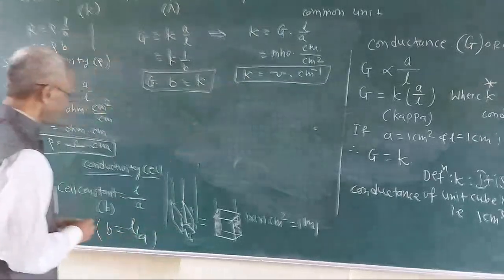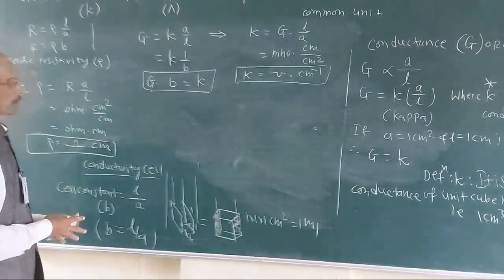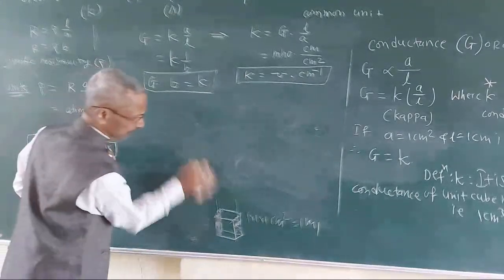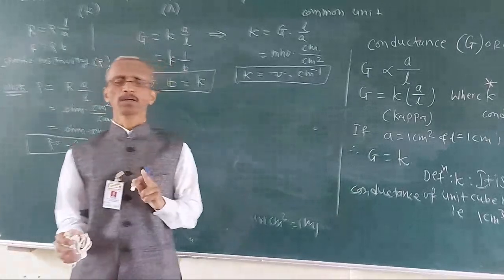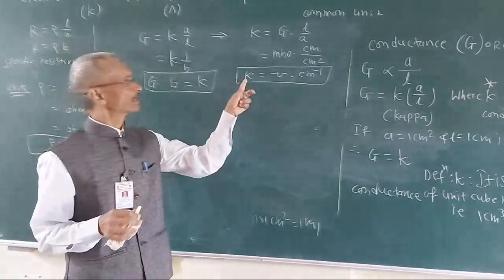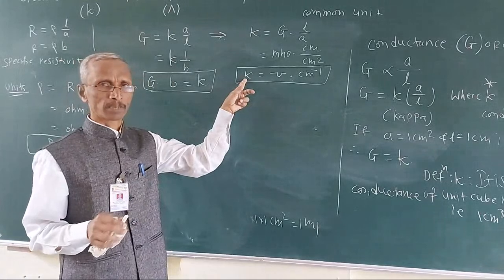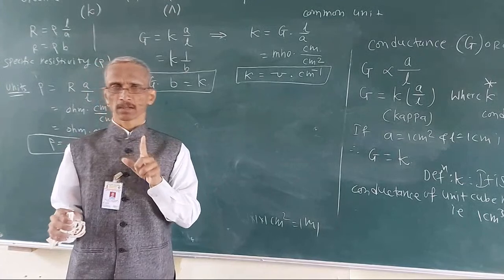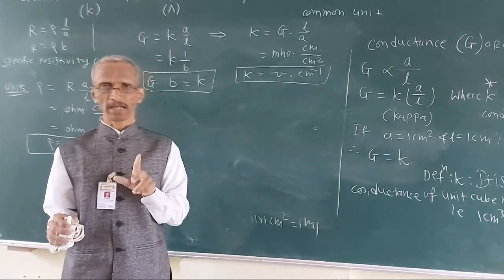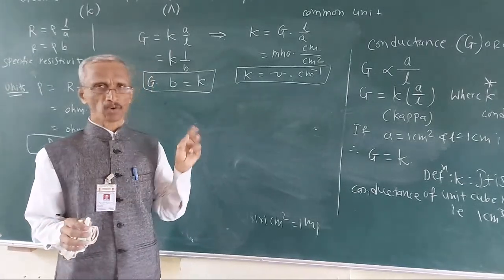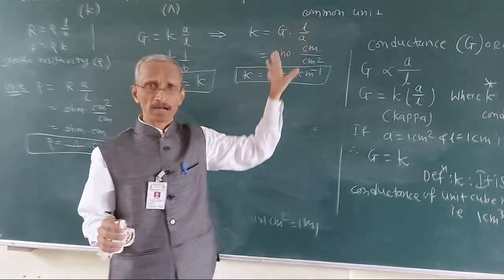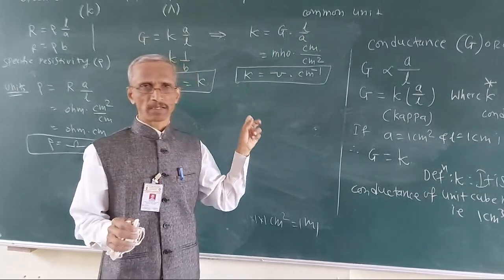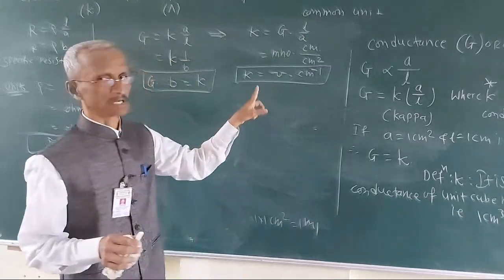Now, what does it mean? The word specific resistivity or specific conductivity is nothing but the conductance of a unit value of material. Generally the SI unit, the meter, is not considered here, but the centimeter cube, that is 1 ml.